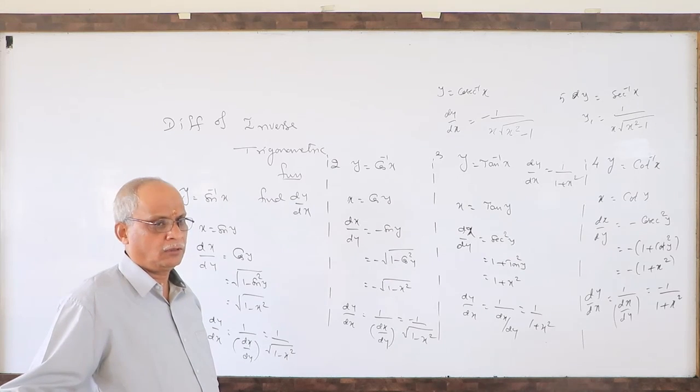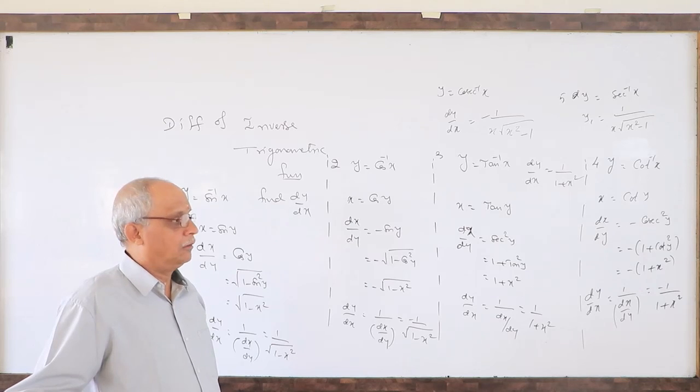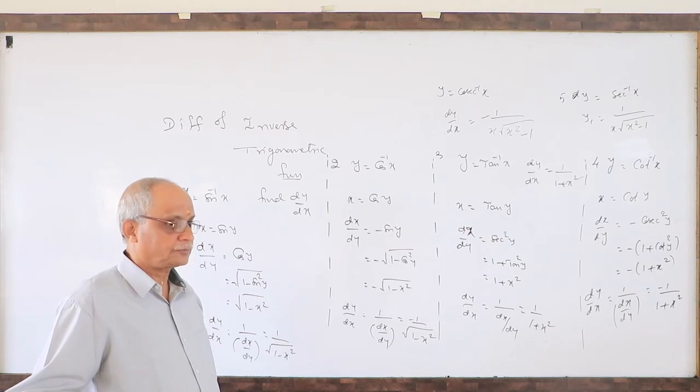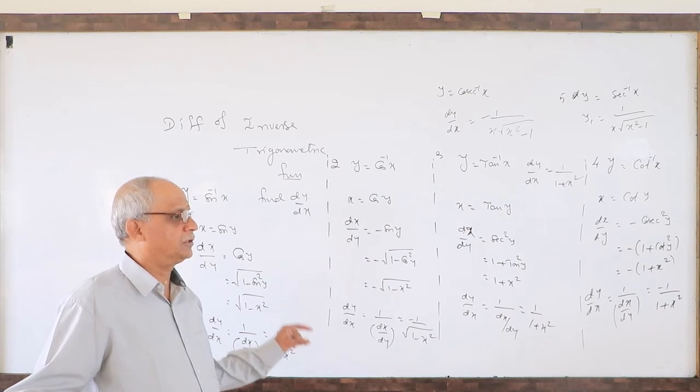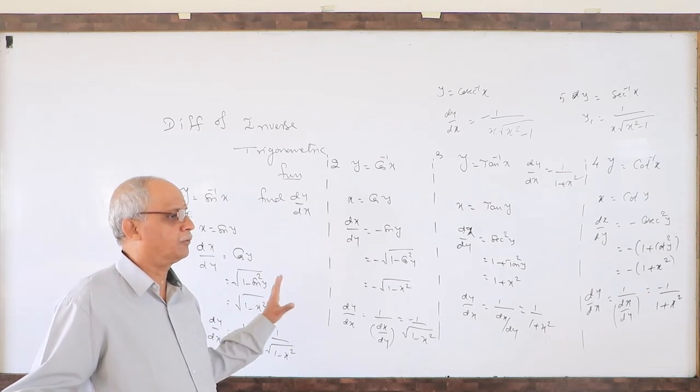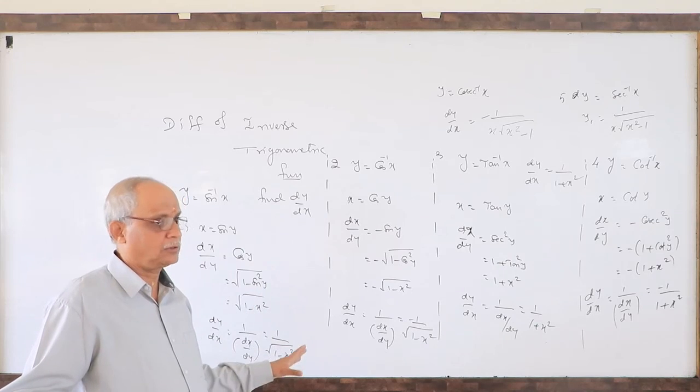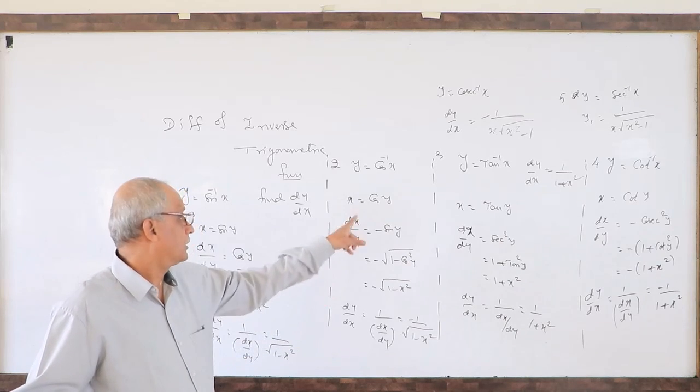Hence remember which one is negative and which one is positive: the ones starting with C are negative. Therefore, inverse trigonometric functions differentiation, 6 functions, I gave the formula proofs, same practice, but you must know the formula, that is important.